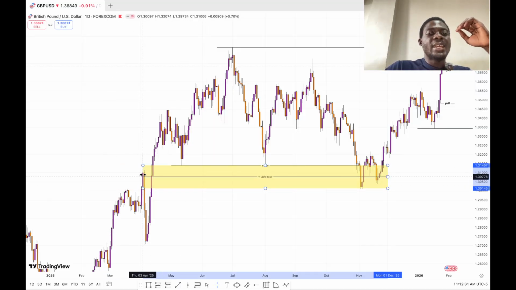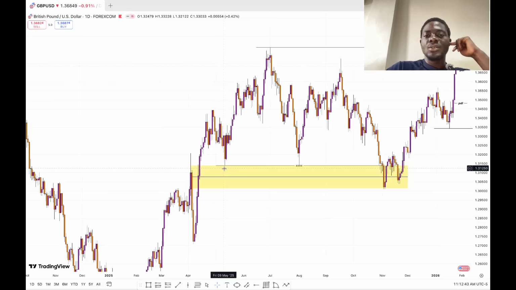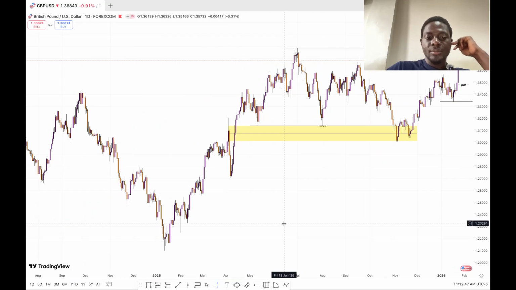We can see that they have an intention of pushing price upwards. But what makes us think that this price that is being pushed upwards is going to continue upwards? Do you understand? So this is where equilibrium and then discount comes in.